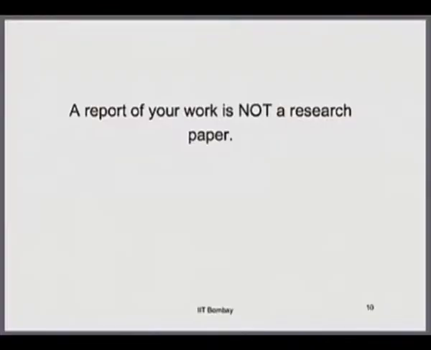Even though here it looks like the authors have done something and have tried to convey a key idea. You're right again, the reason this is not a research paper is that what we just saw looks like a report of your work. A straightforward reporting of your work again is not a research paper.